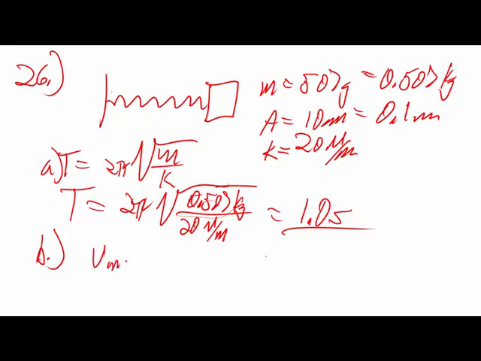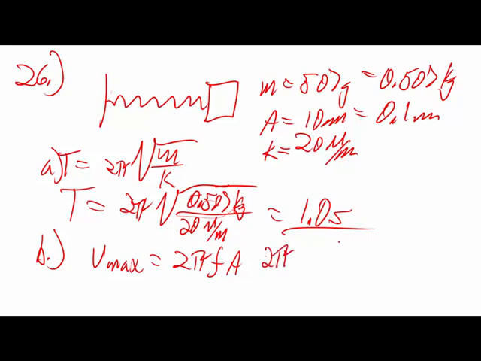And we can say Vmax, I forgot about this one, we just used a minute ago. Vmax is equal to 2 pi F times A. And you say, well, we don't have the frequency. Okay, we'll substitute.